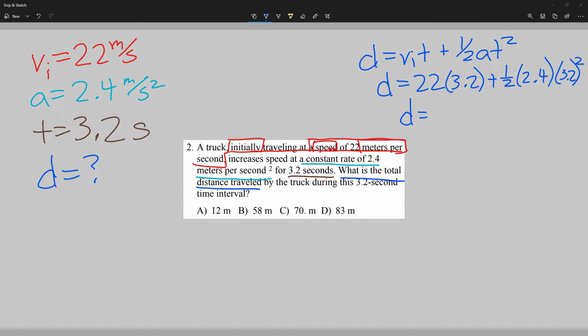So we have 22 times 3.2 gives me 70.4. 3.2 squared, what's 3.2 squared? 3.2 squared gives me 10.24.